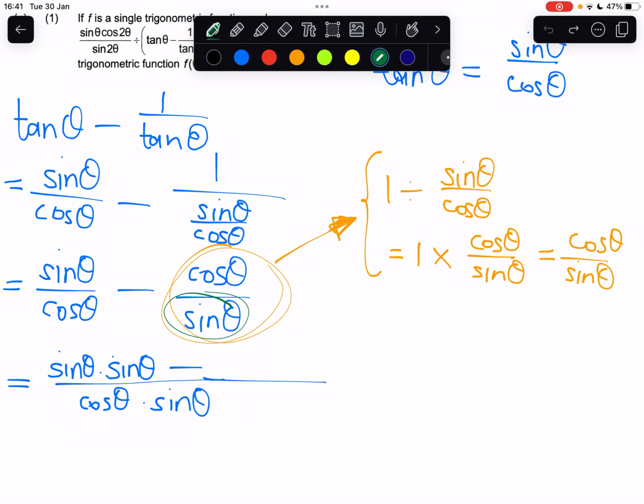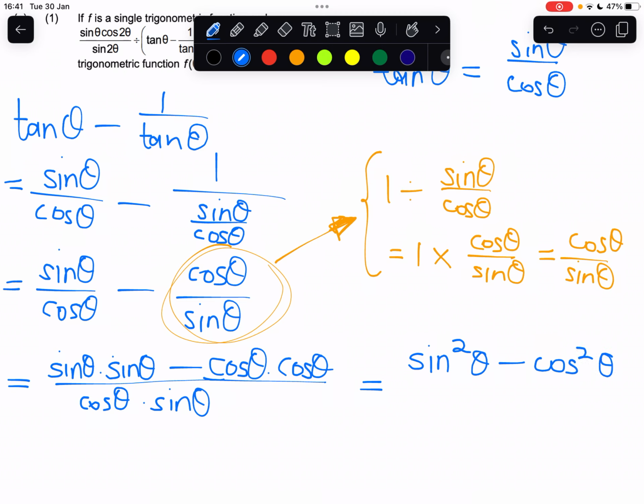So we're going to times top and bottom with cos theta. Cos theta times cos theta. Awesome. So I'm just going to be untidy a little bit and go across because I'm frantically trying to save space. Sine squared theta minus cos squared theta. And our base is cos theta times sine theta.